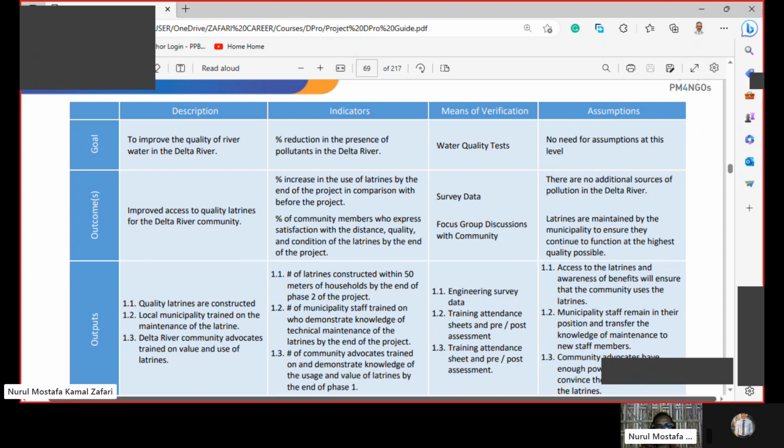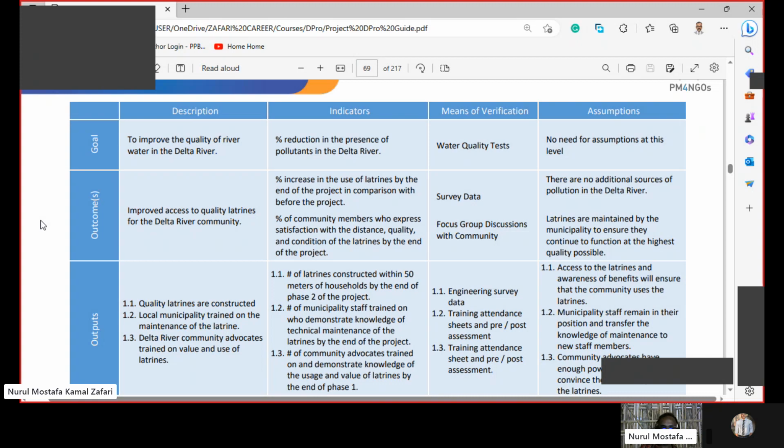So community advocates, if they can contribute in raising awareness among the community people, and if they have a positive influence to convince them to use the latrines, it can contribute to achieving the ultimate outcome.